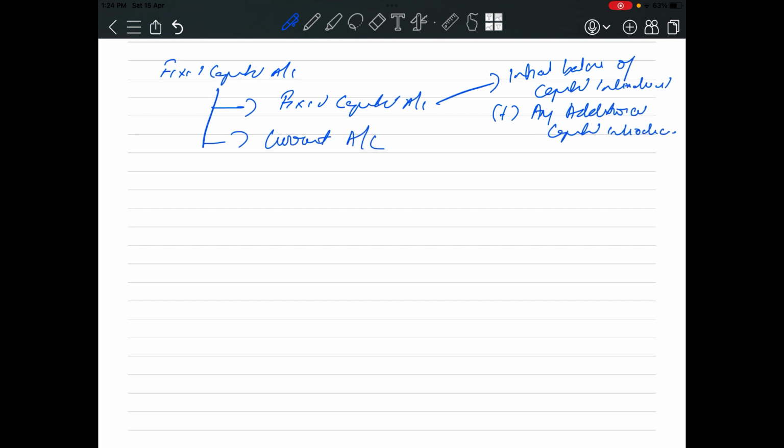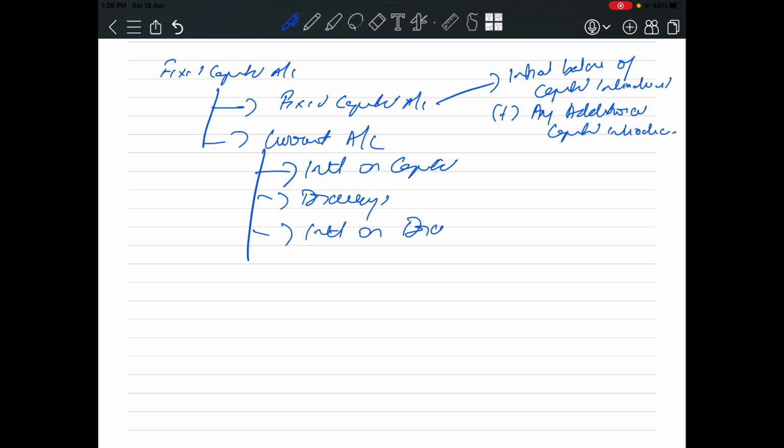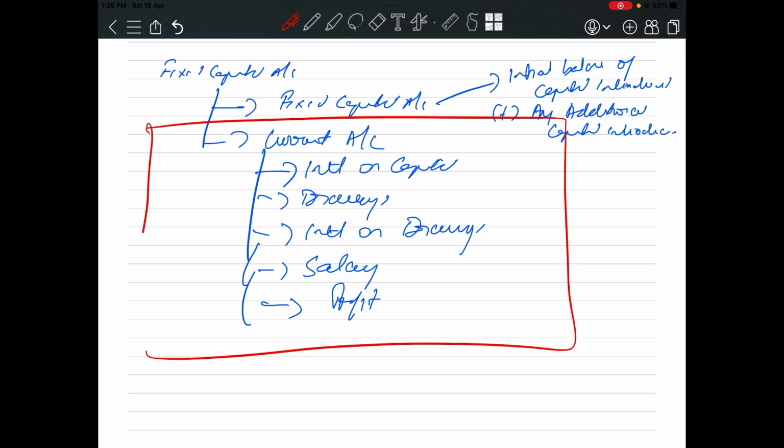And the next account which we will prepare is the current account. Now all the transactions related to interest on capital, drawings, interest on drawings, salaries, profits will be transferred from the P&L appropriation to the partner's current account.